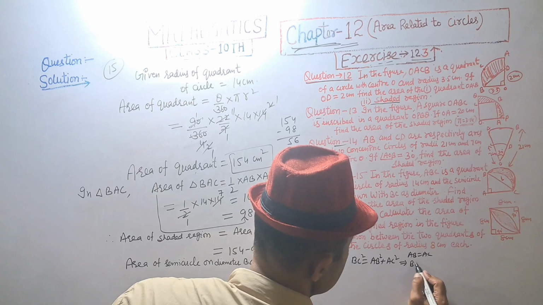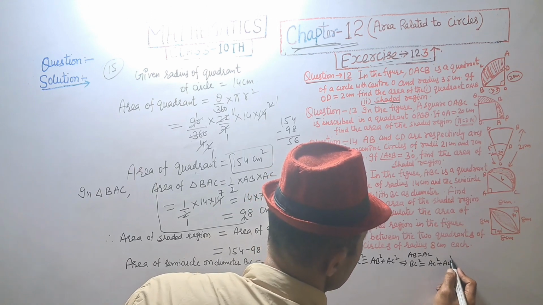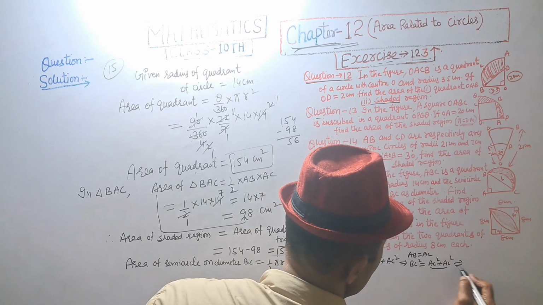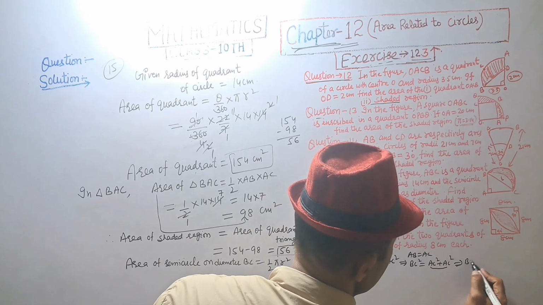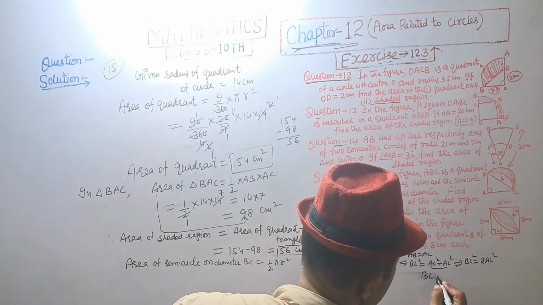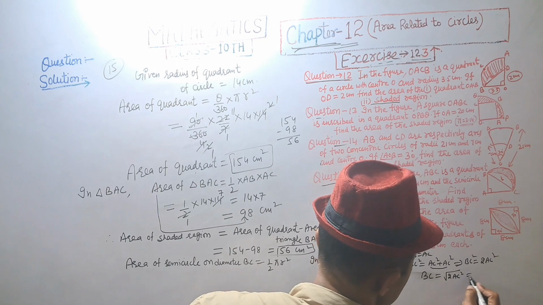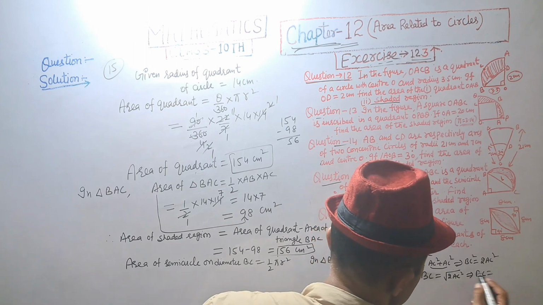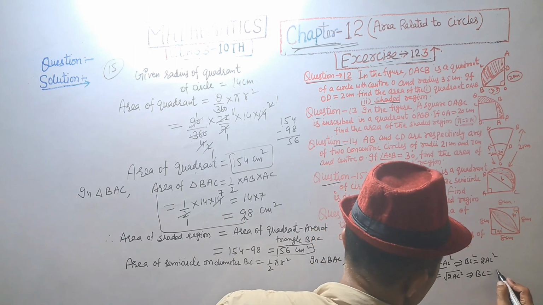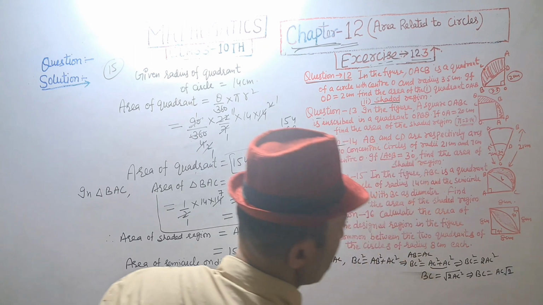This implies BC square is equal to AC square plus AC square, 2AC square. This implies BC is equal to under root of 2AC square, so BC is equal to AC root 2.